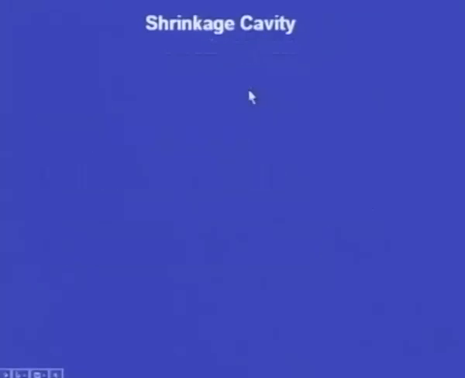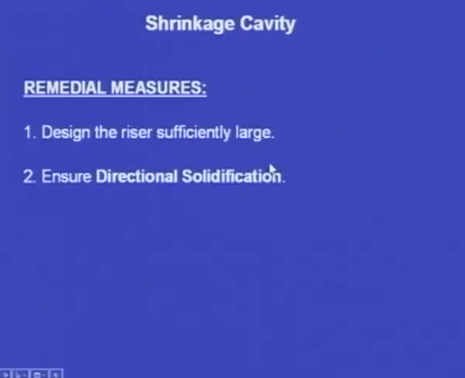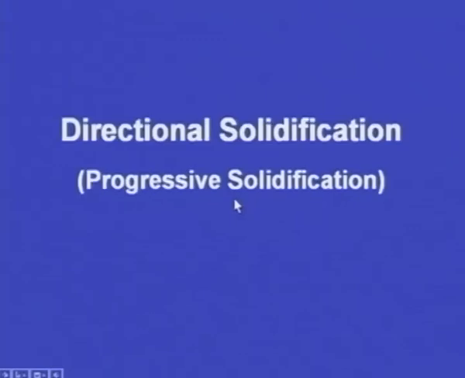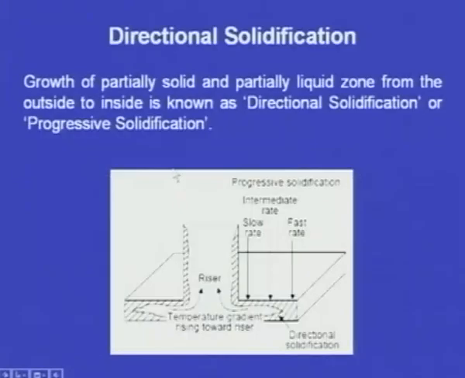What are the remedial measures? Design the riser sufficiently large. Next one, ensure directional solidification. What is this directional solidification? Here we can see a casting, and this is the riser, and this is the casting.